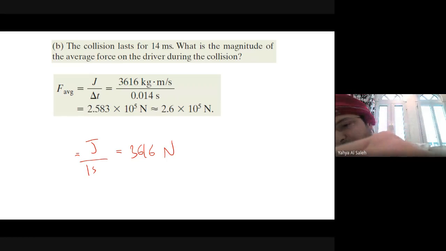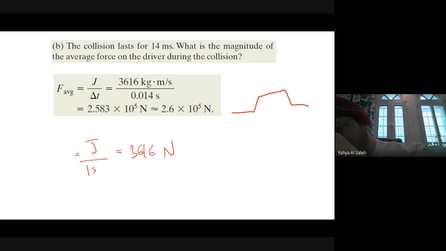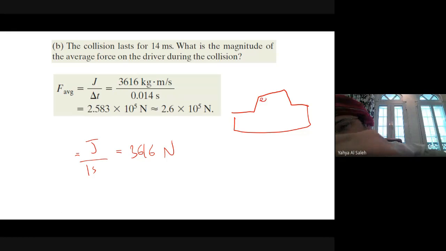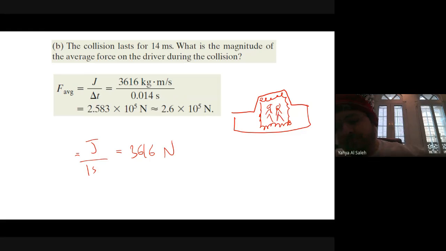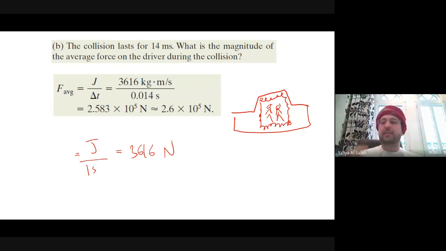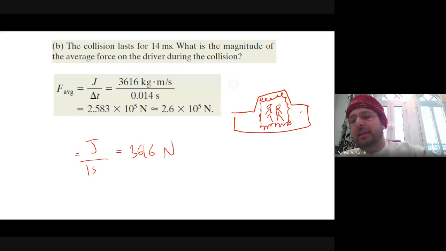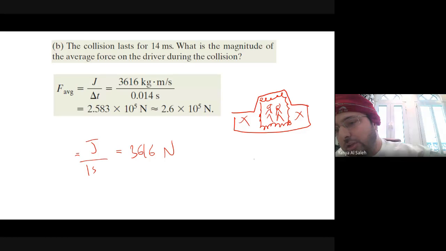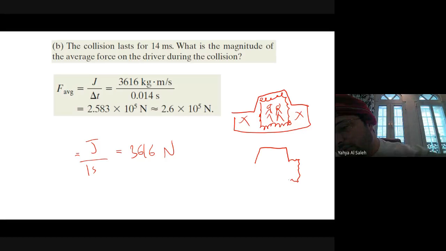So if this is what your car looks like, there is usually a steel cage here, and people are sitting inside here. And there's no steel cage in the front and the back. So if there is an accident, God forbid, you end up with your car looking like this, much shorter.